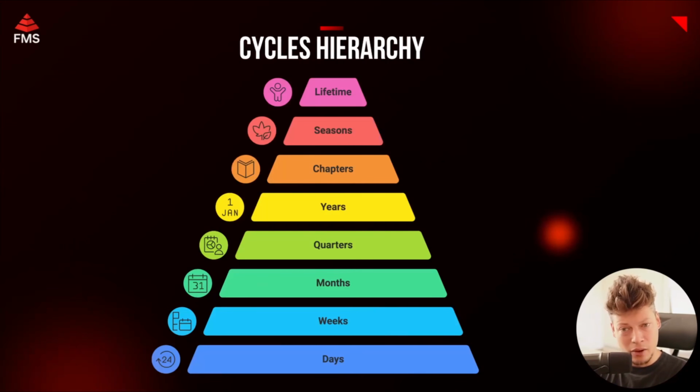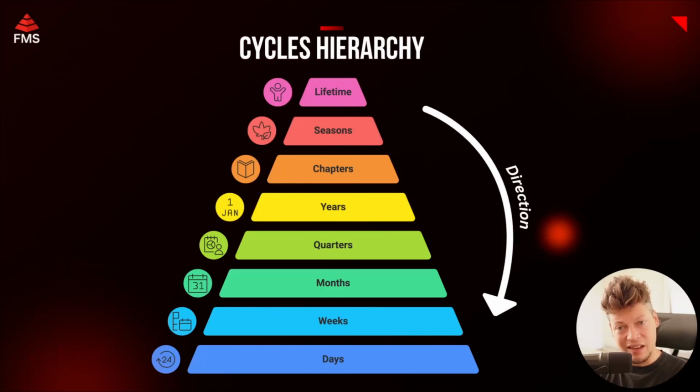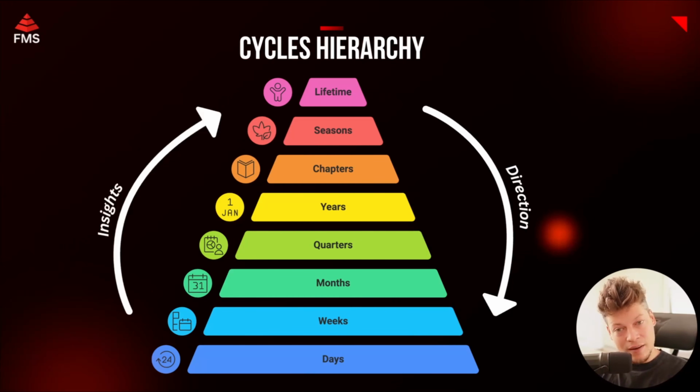And the thing about this pyramid is that as you move down the cycles hierarchy, you clarify direction. In other words, your planning stages from cycle to cycle become more and more concrete as you move down. So when you reach the bottom, that's where execution happens. And also, as you capture insights at the bottom layers, you move up the hierarchy and you aggregate those insights.